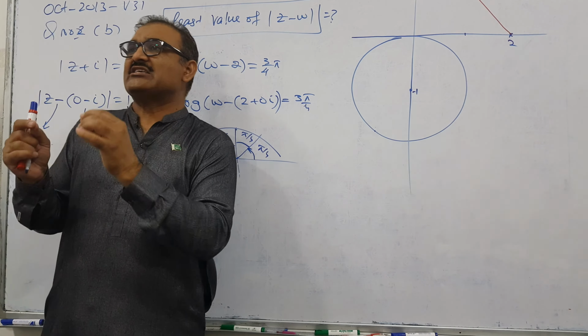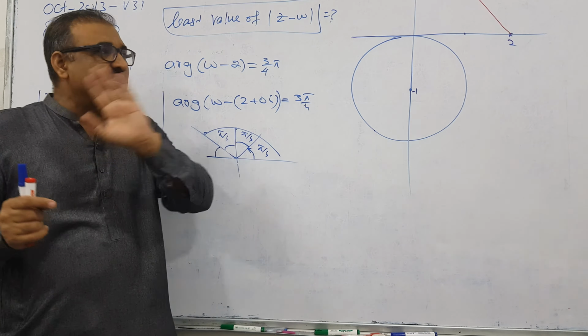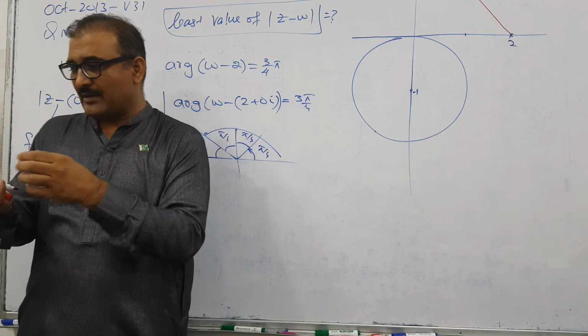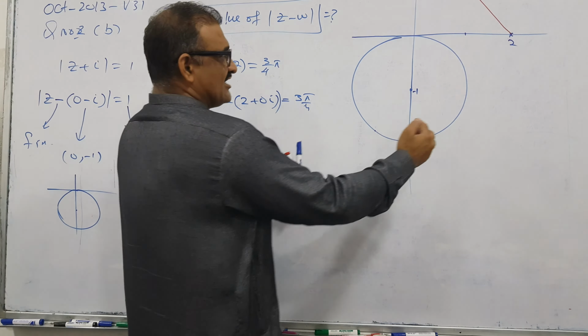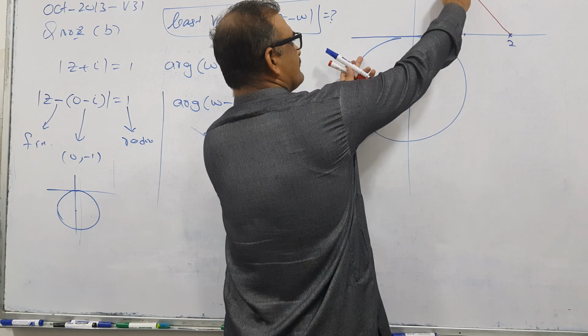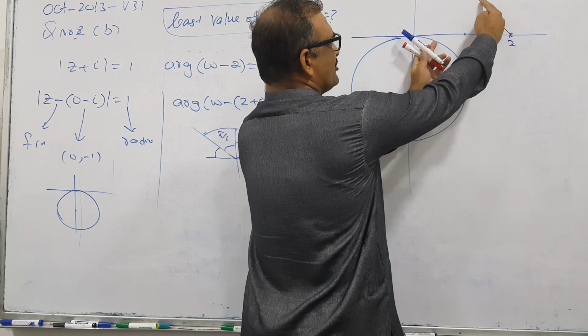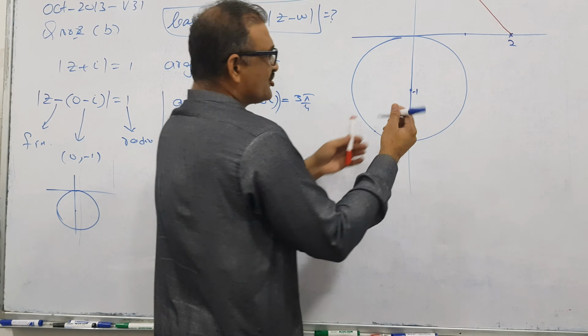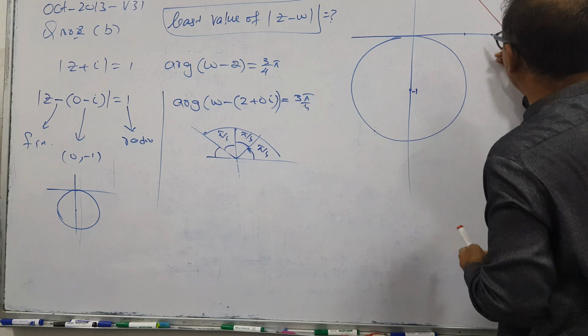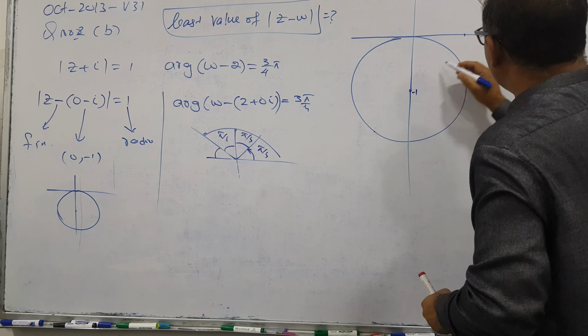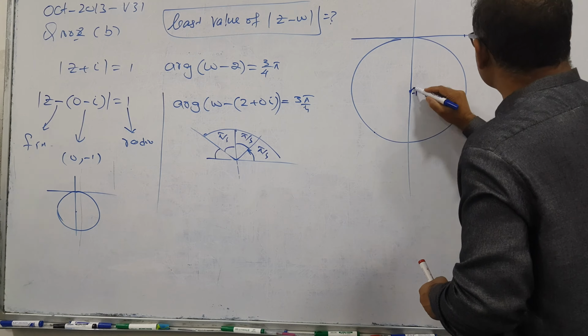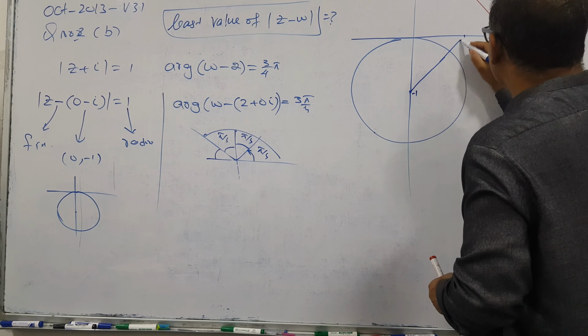And what is the shortest distance between them? I've never seen this kind of question up till now. It came only one time. So look, is there a shortest distance between the circle and the ray? The shortest is 100% very clear. I have to draw a line which goes to this one.